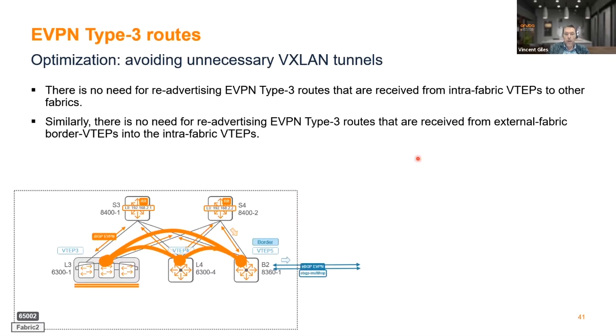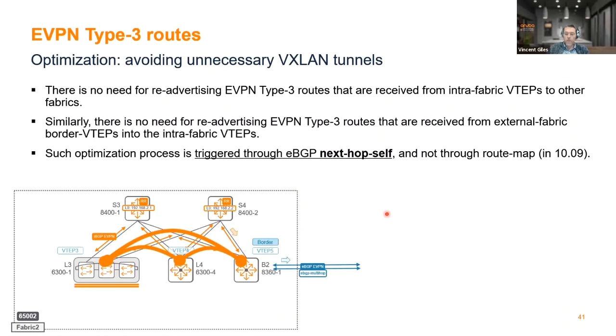So the type 3 routes that are exchanged between border leaders are not needed either. There is an optimization process that is triggered through that external BGP next-hop-self. And again, you have nothing to do here. This optimization is not triggered if you do any next-hop change through the route map.